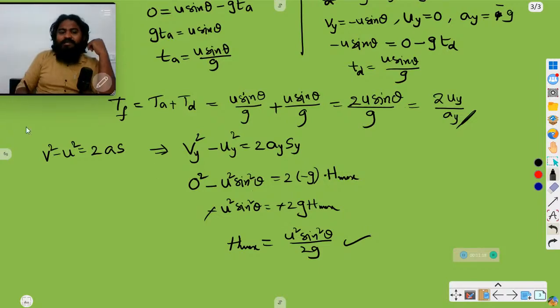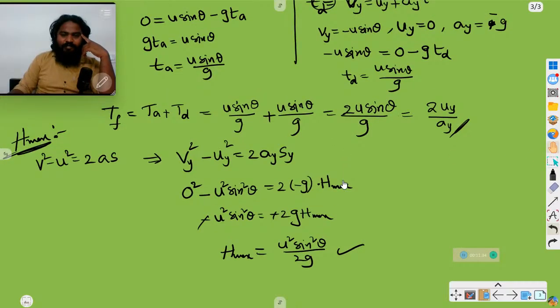Now this is for h max, we derived this. And next, coming to finding the range, I mean range, not maximum range.